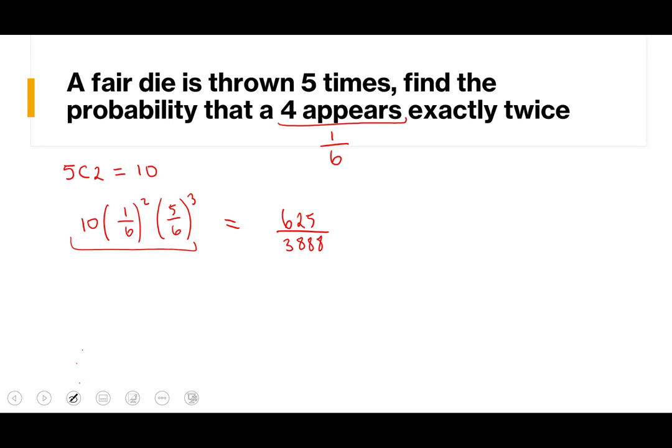Again, you don't have to use the formula. You know that you get 1/6 twice, so 1/6 times 1/6. And if I'm getting 1/6 twice, then everything else, the rest of the 5 times, has to be the 5/6. Apologies.